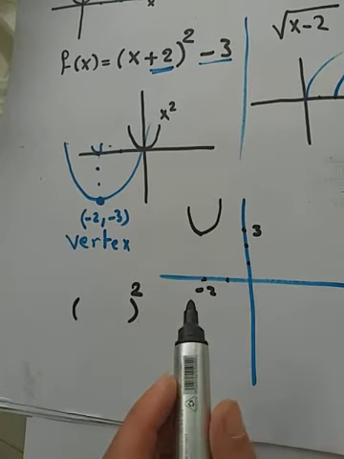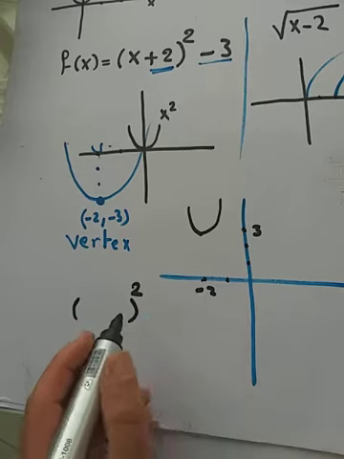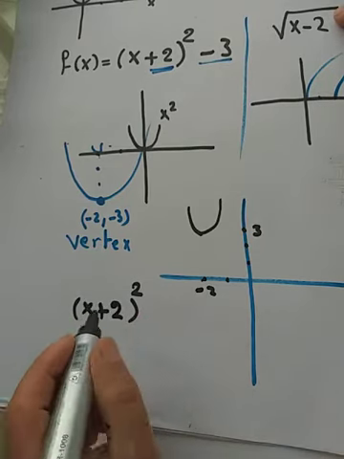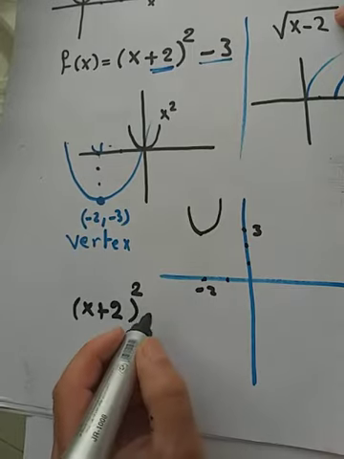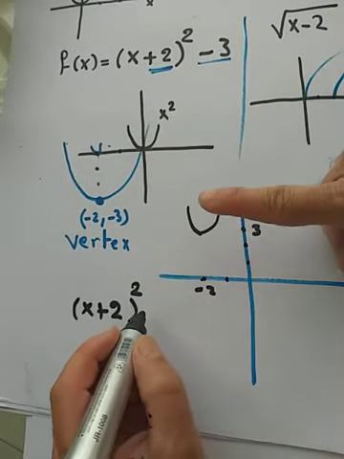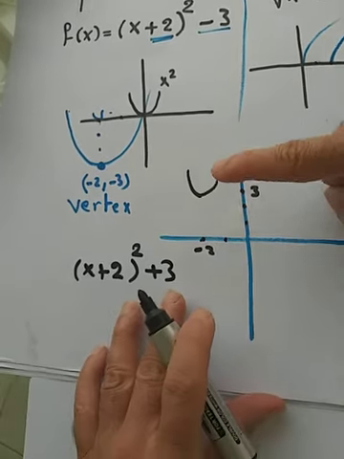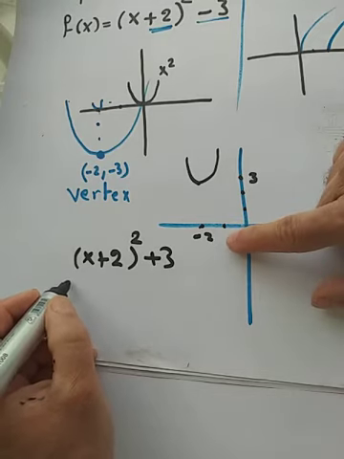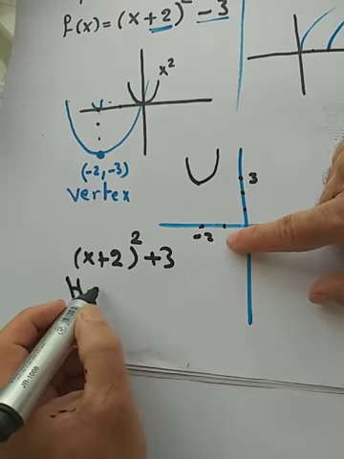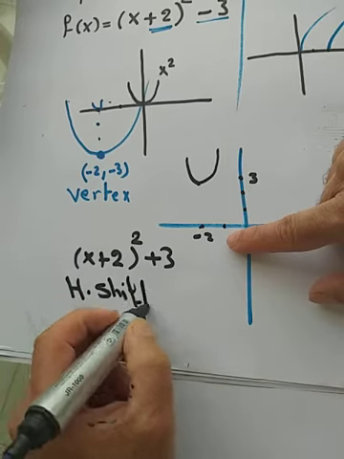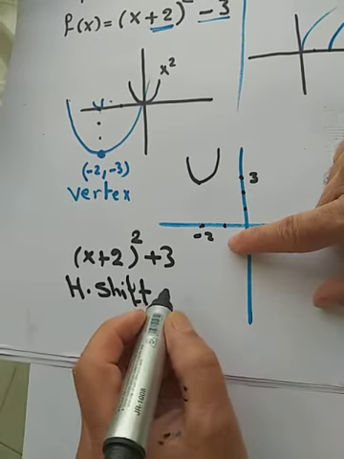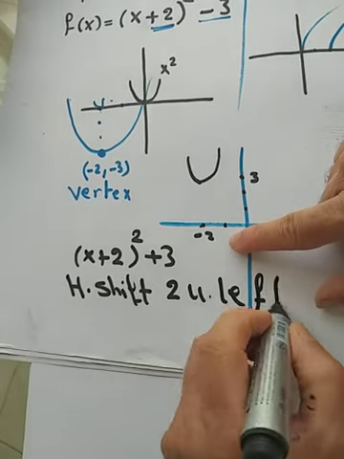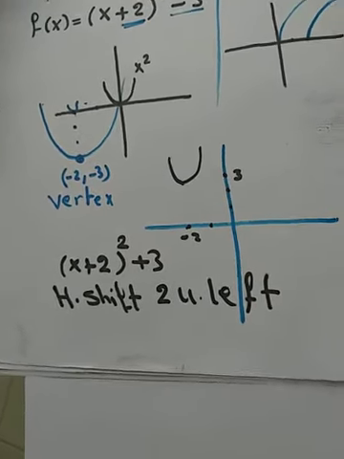Describe this graph. A horizontal shift of 2 to the left, x plus 2, because you go to the left, and up 3 units, plus 3. You write the description in the exam. You have to write what you say. Horizontal shift 2 units left.